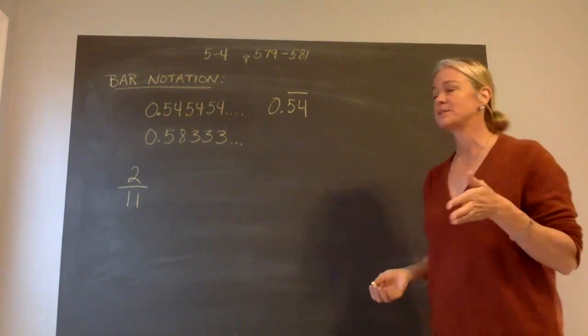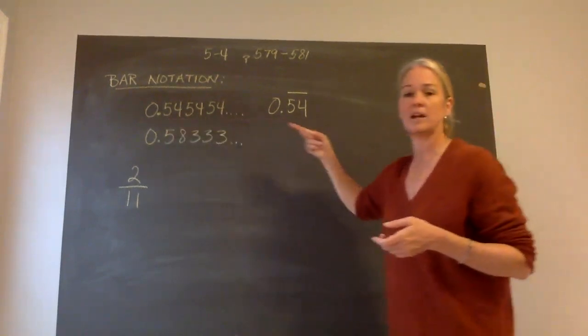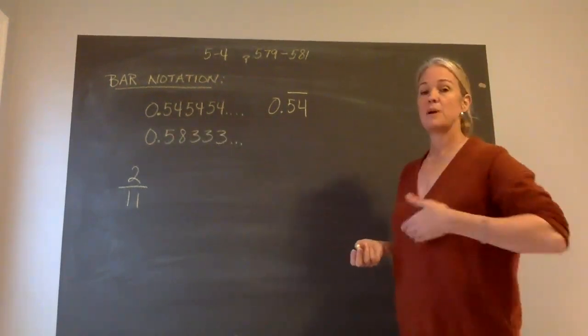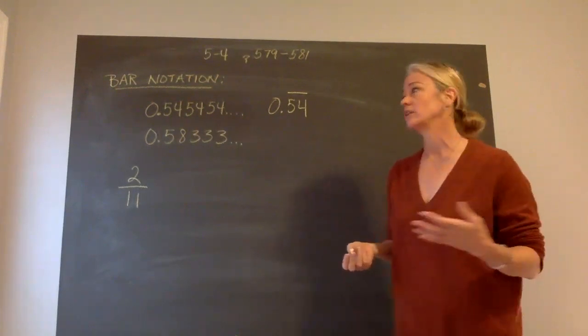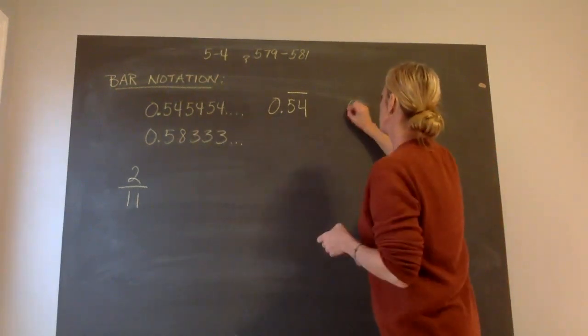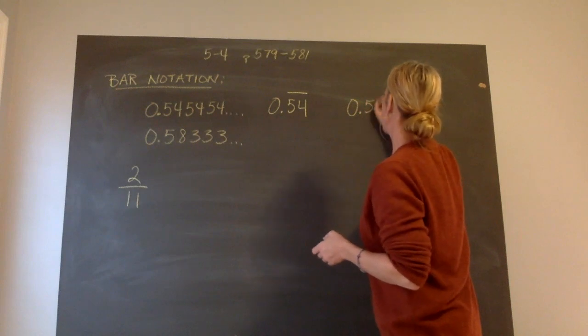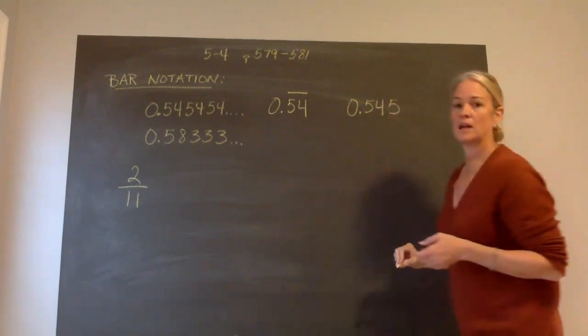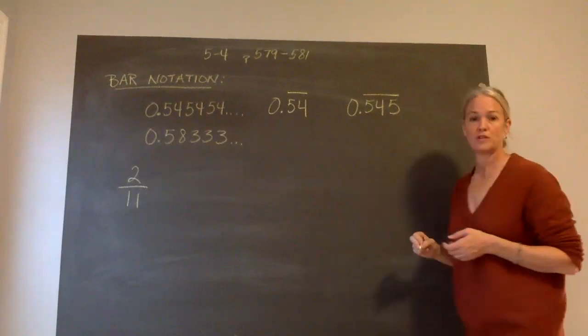Where kids sometimes get into trouble with something like this, and something you want to be careful of, depending upon if you're using a calculator or what your calculator says, some kids will end up doing something like this, where they say 0.545, and then they put a bar over that.